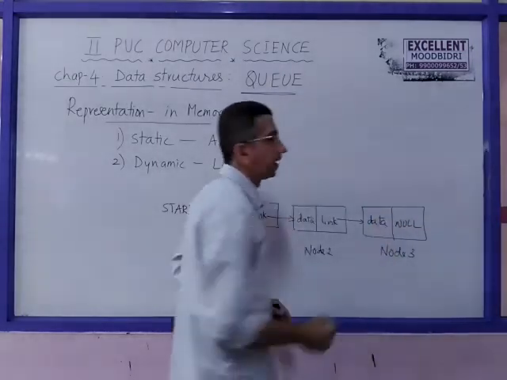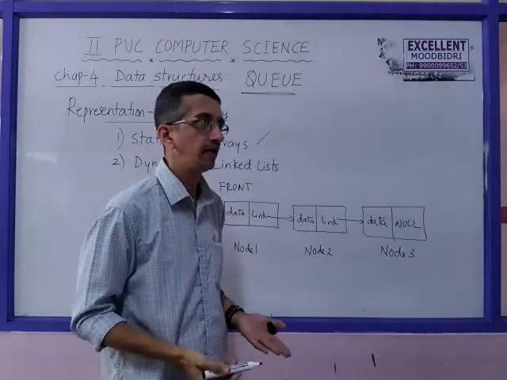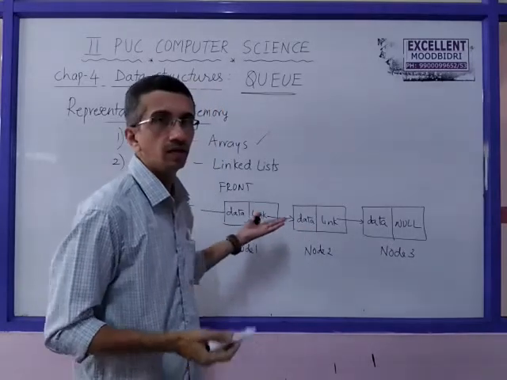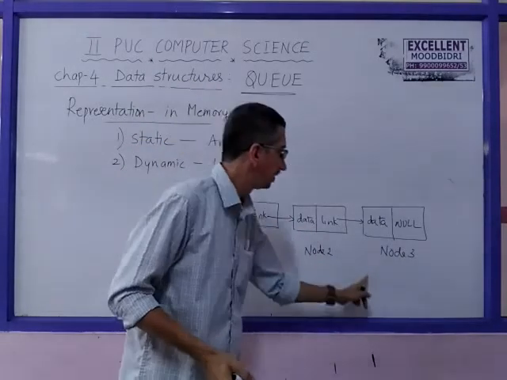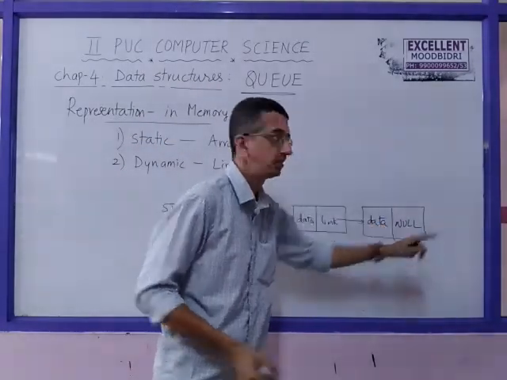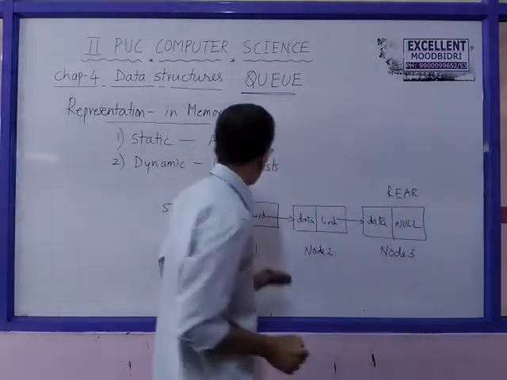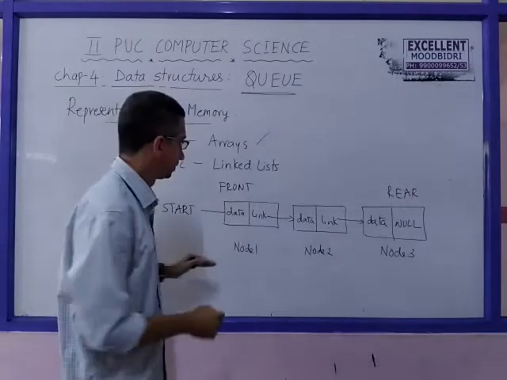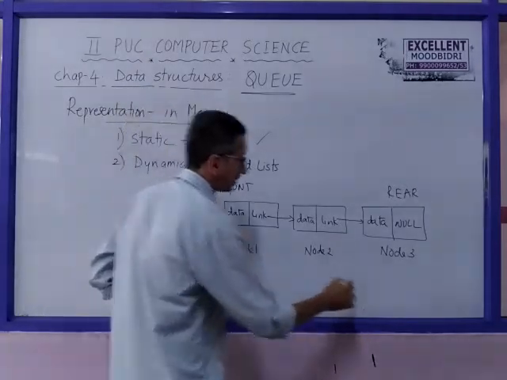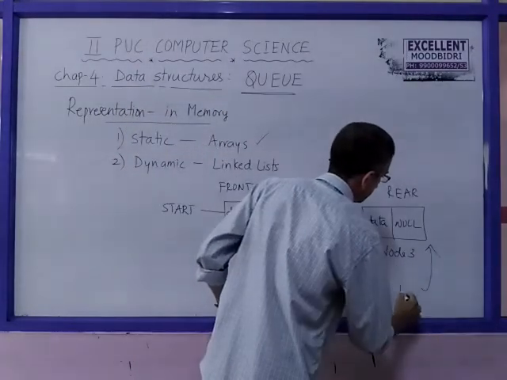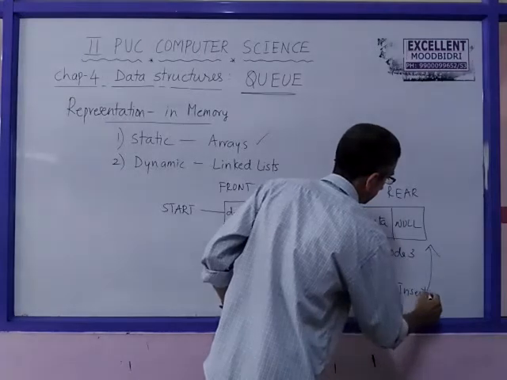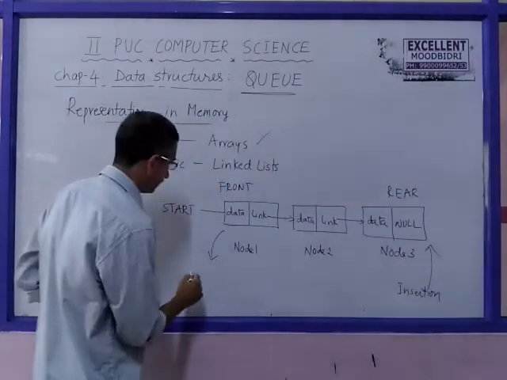In case you require one more node, I can do that dynamically whenever the program is being run. Insert one more node here. This is the rear end. And deletion of items should be done here only. So this is the insertion, and this is the deletion.